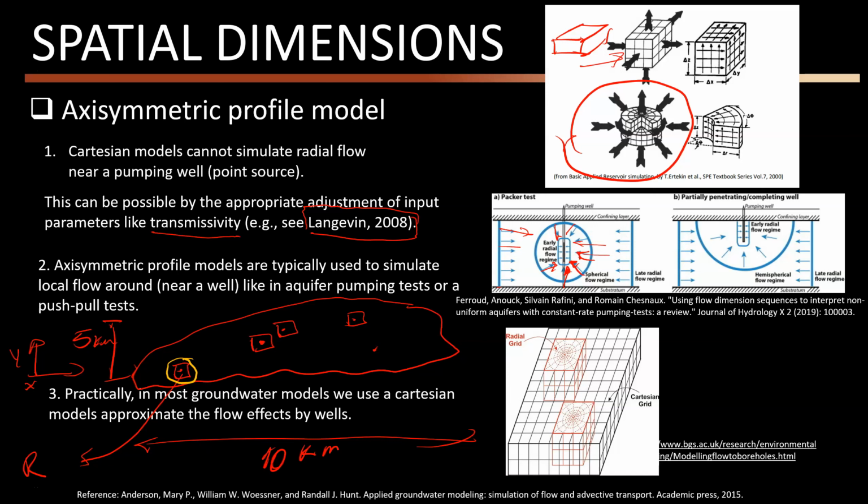Technically, some people combine these two grid forms, the Cartesian and radial, and use a radial system at points close to the well. But as you will see in the next sessions, there are multiple well packages that do a great job of taking care of the pumping wells.